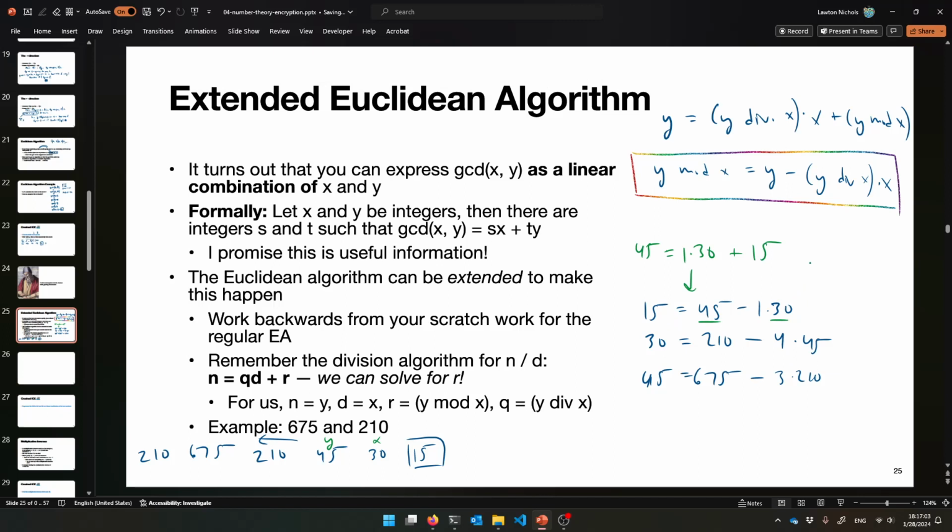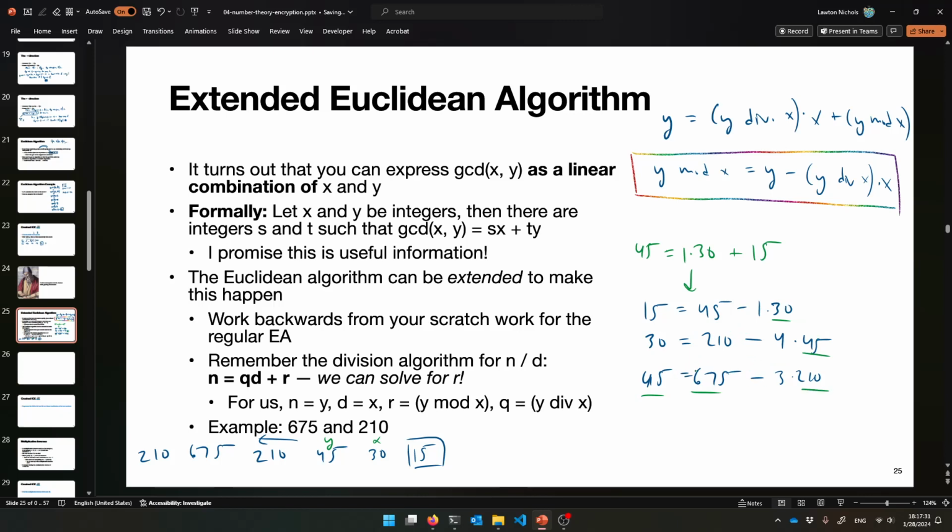But I also know how to compute 30 in terms of 210 and 45. You see that? And then I just keep replacing stuff. I can replace the 30 with whatever this was, and now it's in terms of 45 and 210. And I can also replace the 45. I know what 45 is. It's in terms of 675 and 210.